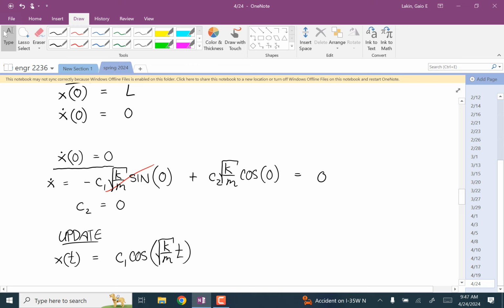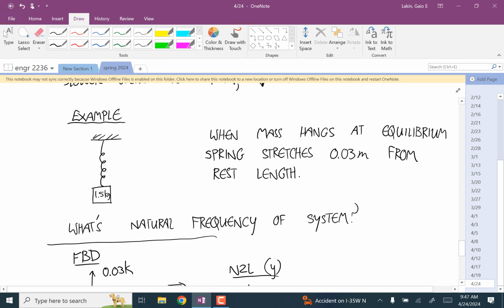If x at 0 was equal to 0 and x dot was equal to something, then you'd only have the sine term. If there was a little of both, you'd have a combination of both of them. But all of those boundary conditions would give you the same natural frequency. So this formula for natural frequency is good no matter what your derivation. Yes, exactly. I should write that.